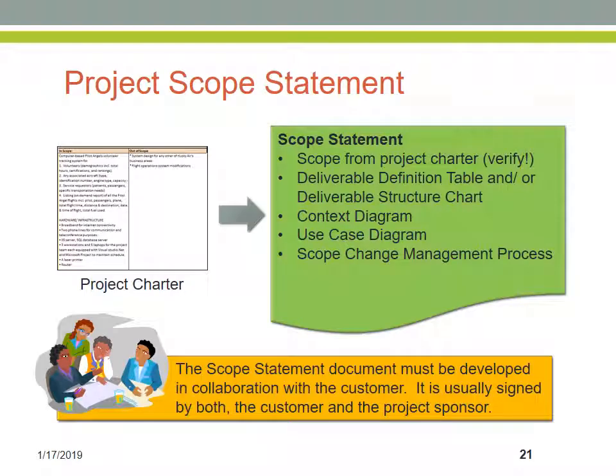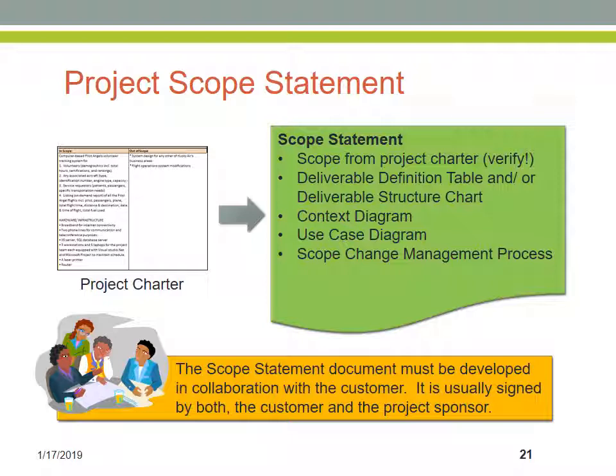As I have mentioned before, the project scope statement really is an expanded version of the scope statement as it is located in the project charter. That's because the scope statement and the project charter have to be traceable from one to the next.